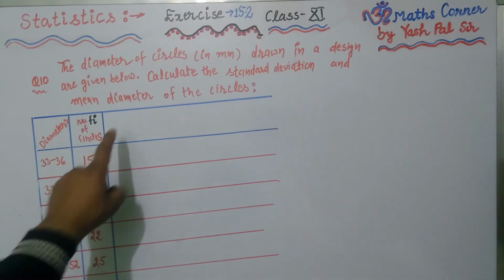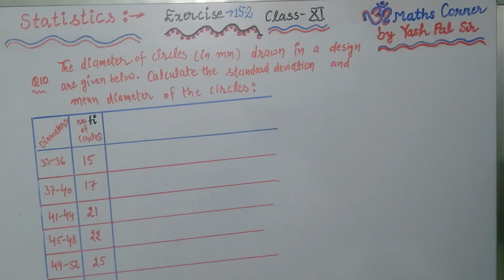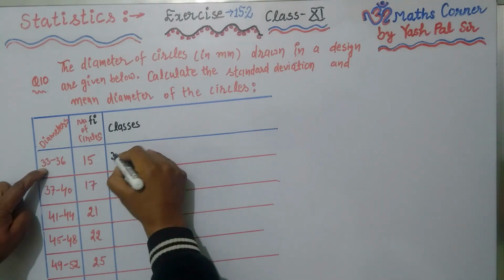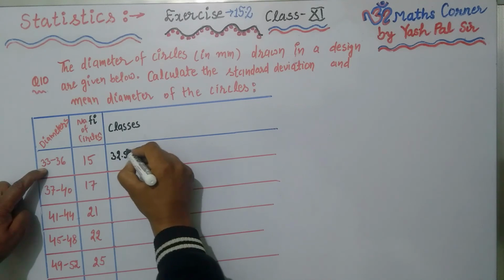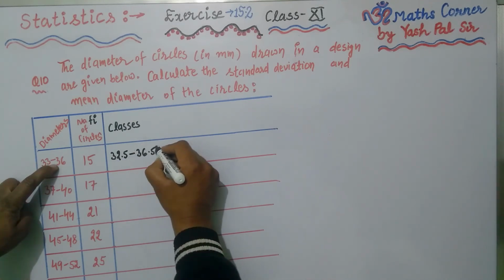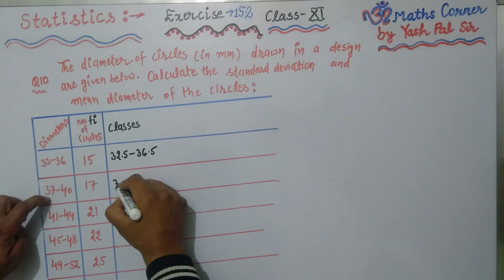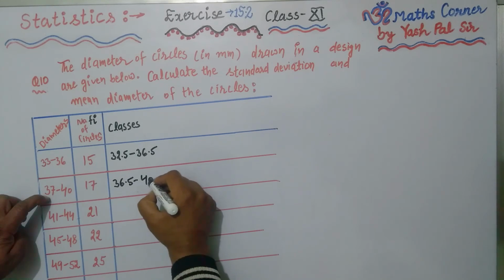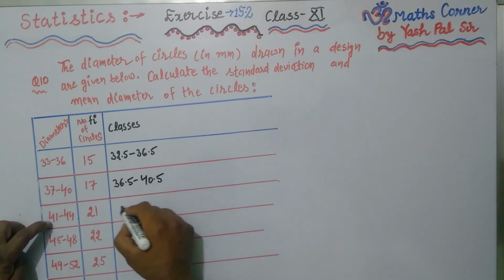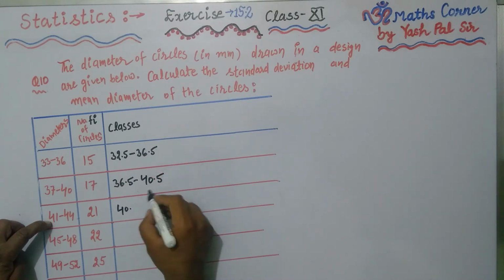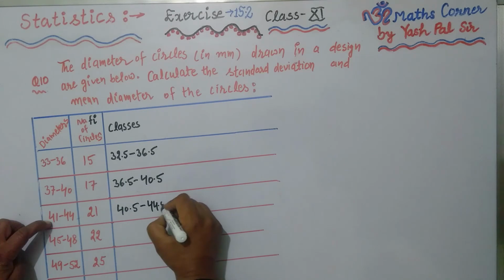So the new class intervals become, first of all we write here 32.5 up to 36.5. Next is 36.5 to 40.5. Next is 40.5 to 44.5.